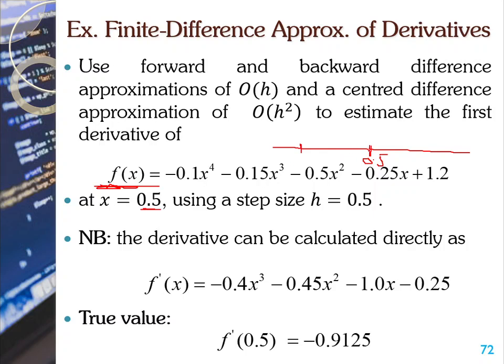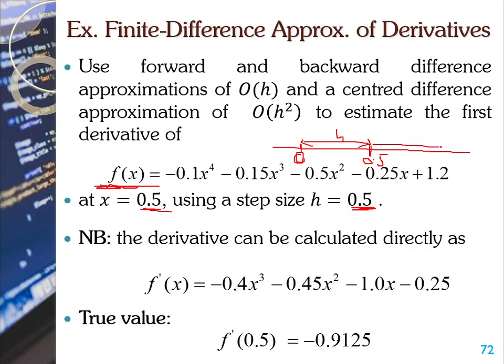From the present to the past value, the difference between them is h, which is equal to 0.5 here. Once we subtract 0.5 from our current value of 0.5, we get 0, and this 0 will be our past value.